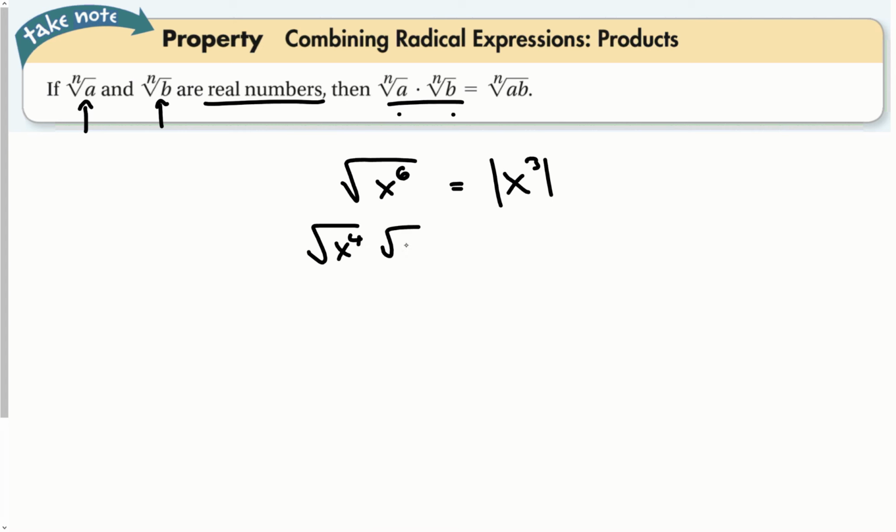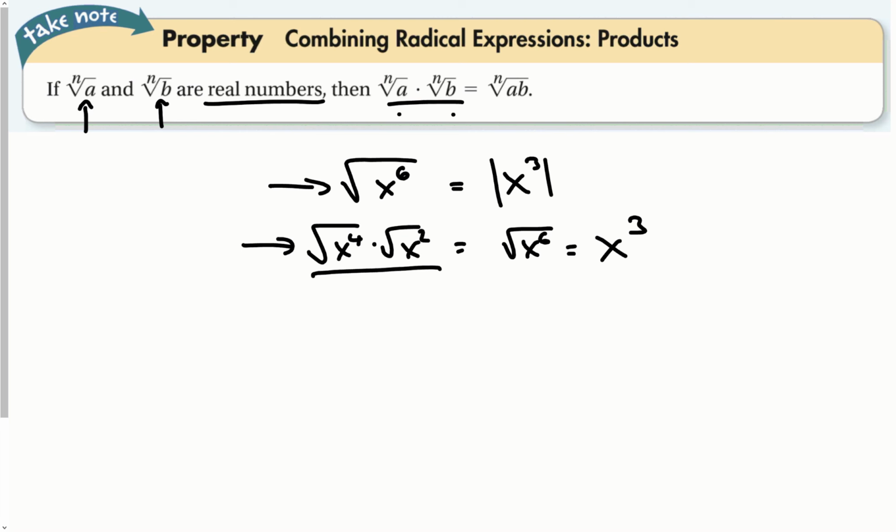So x to the fourth times x squared, we assume that both of those terms have to be real numbers. So that means that when we get my answer, again, it's going to be almost the same thing, right? We don't need absolute value bars here because we started with this product property. Okay, so very, very subtle difference, right? Whether we start here or whether we start here, but in one case we need the absolute value bars, in the other case we don't.